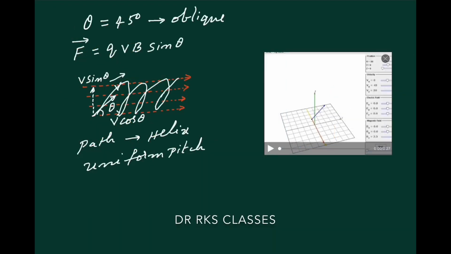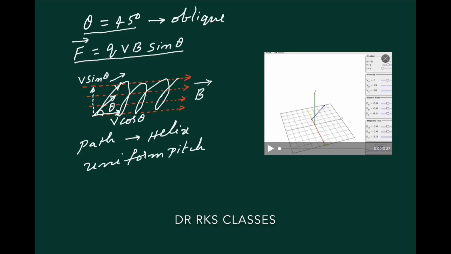When a charge enters obliquely, that is theta is not equal to 0, 180 or 90, let us say theta is 45, then the force is BQV sin theta. The velocity has a horizontal component v cos theta in the direction of the magnetic field.